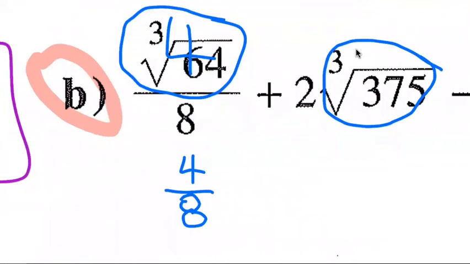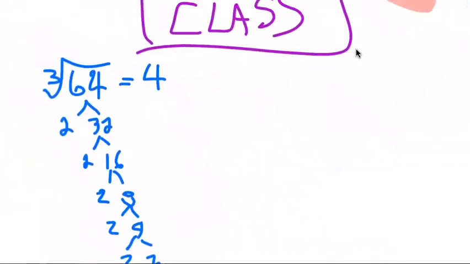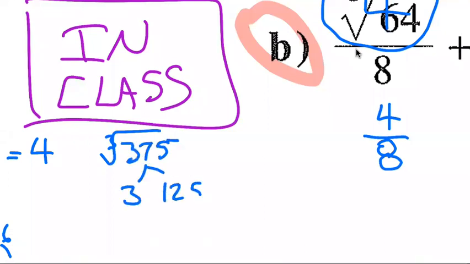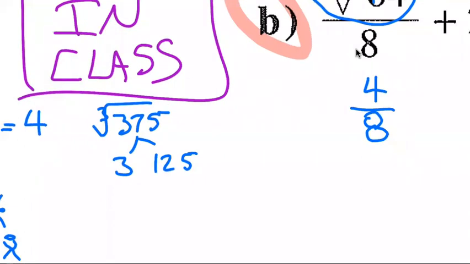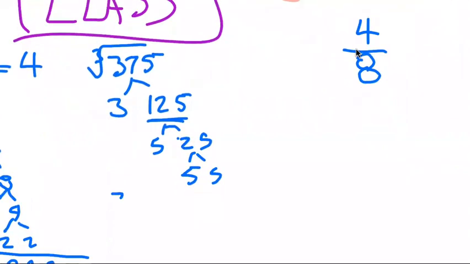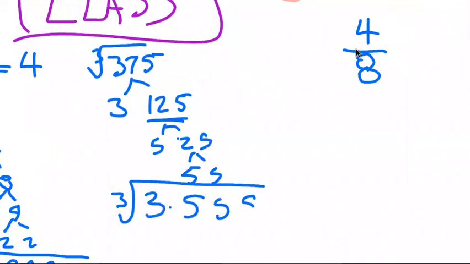Then I'm going to simplify the cube root of 375, which is 3 times 125. And oh, look at that, that's a perfect cube root. If you know perfect cube roots, you know that this is going to be 5. Or you can keep prime factorizing: 25, 5, 5. That's going to give us the cube root of 3 times 5 times 5 times 5.